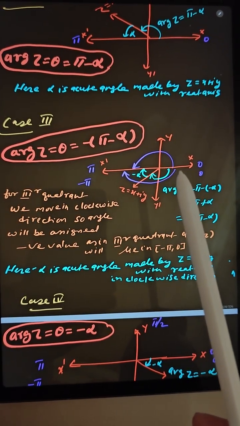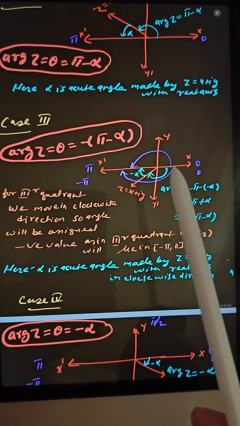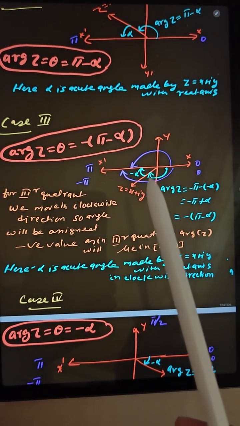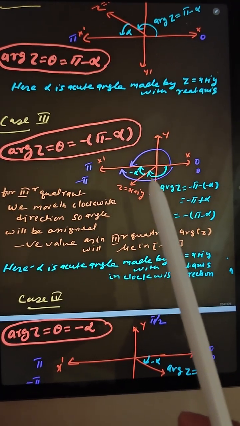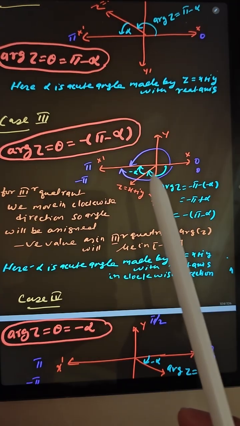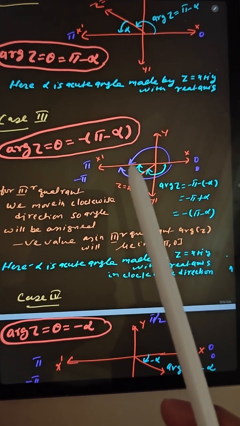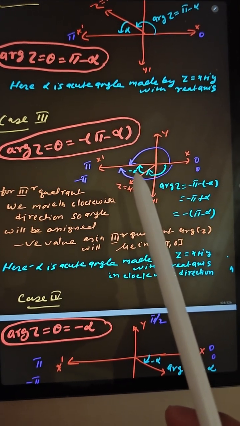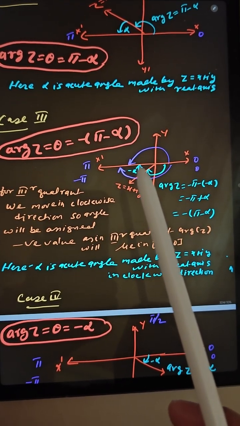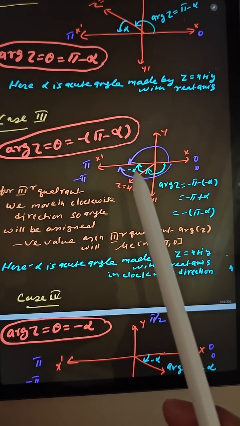You know that the argument of any complex number is the angle made by the positive real axis and the complex number. So how do you find this value? Now see, the acute angle made by this z with the real axis is your minus alpha. You can see why I am taking minus alpha: because it is measured in clockwise direction.